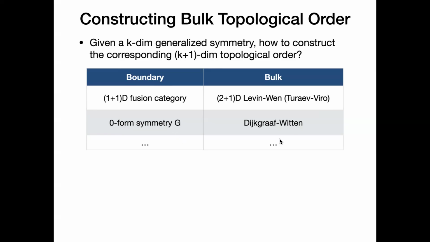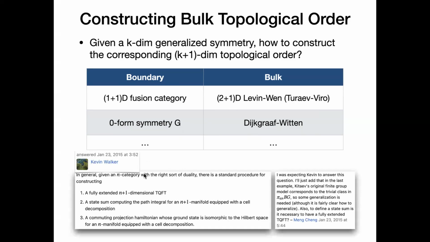Also, given any zero form symmetry G, any discrete symmetry G in any space-time dimension k, there's a k plus one dimensional Dijkgraaf-Witten TQFT, which corresponds to this symmetry. And in fact, this type of construction is quite general.